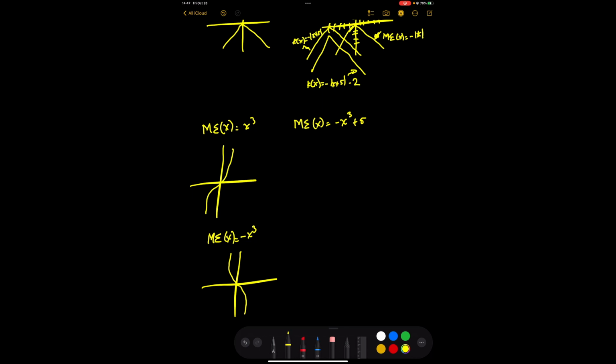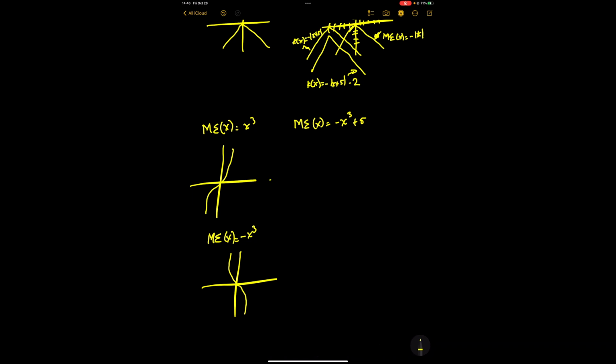The reason why it's like this is because when x is positive, y is gonna be negative. When x is negative, y is gonna be positive. Let me show you why. If you have x equals 3, then you have 3 cubed and negative, that's going to be negative 27.